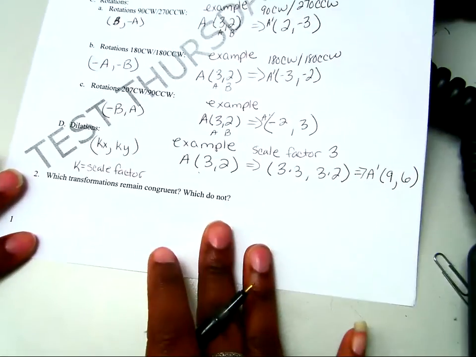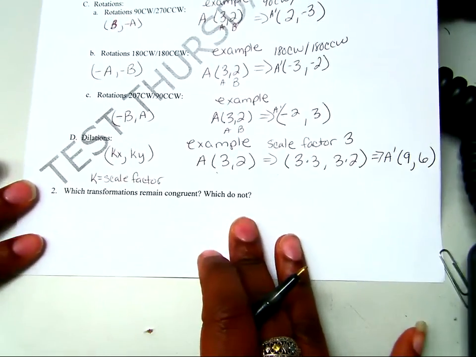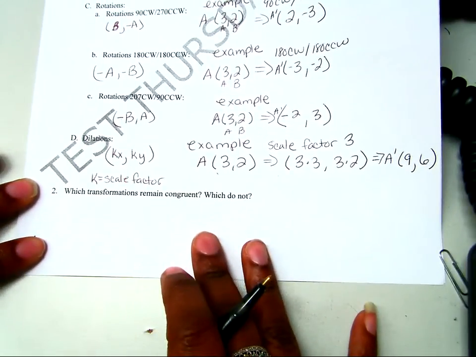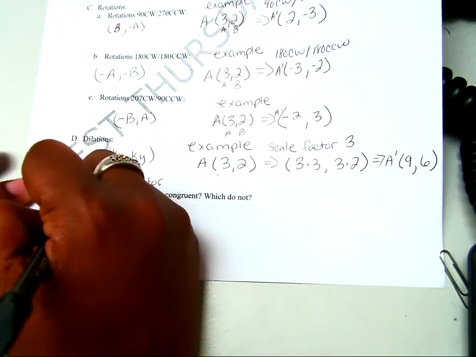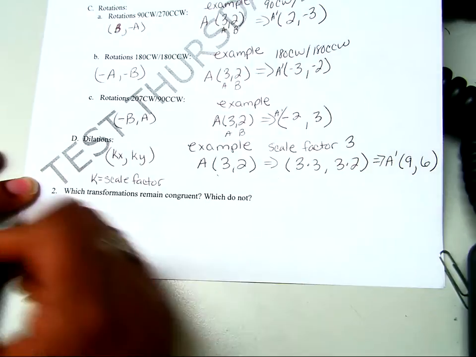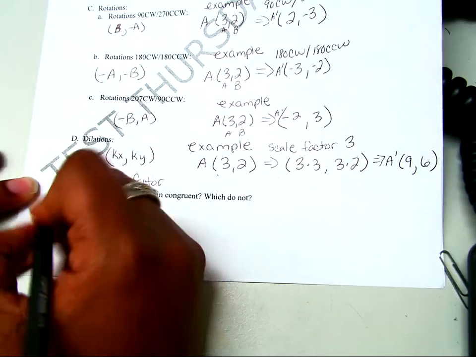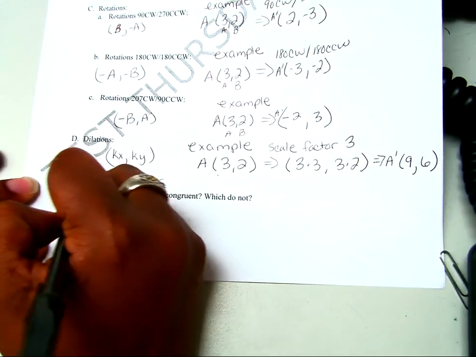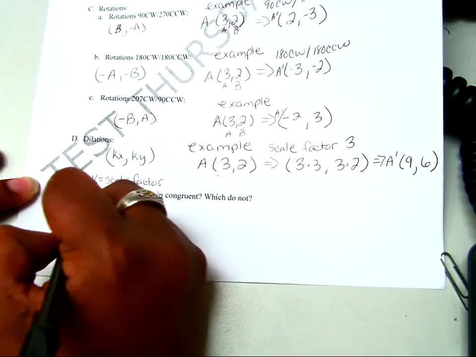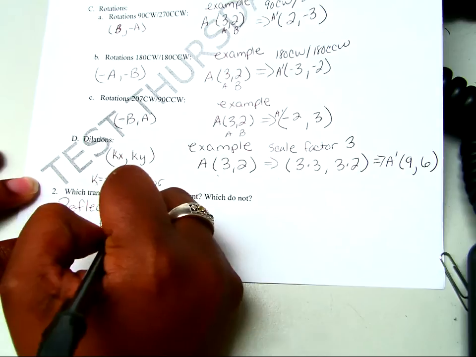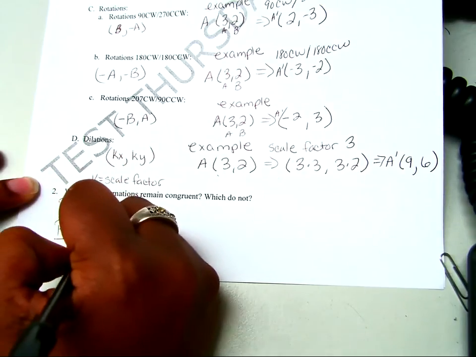Next, I ask you what transformations remain congruent, which do not. The top 3 remain congruent. That means the same. So reflections, rotations, and translations.